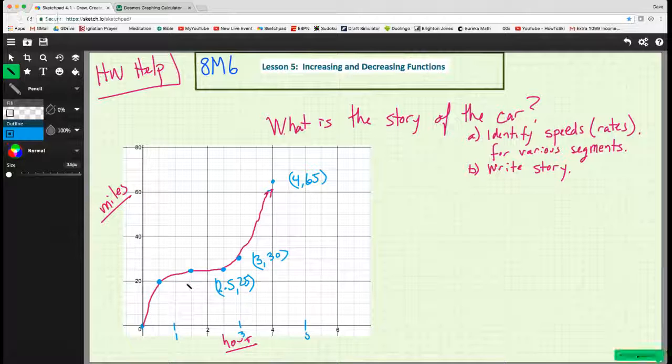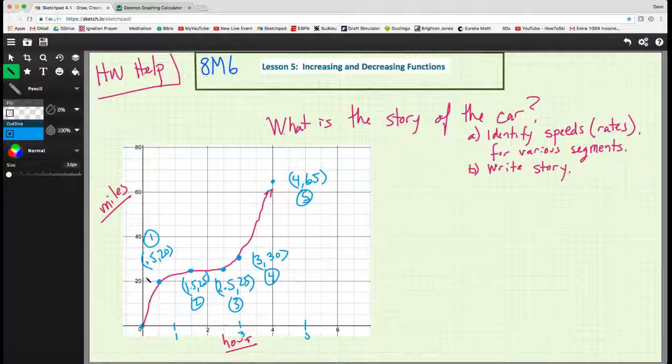This is 1.5, 25. And this is 0.5, 20. And so we're going to call this section 1, section 2, section 3, section 4, point 5. So we have 1, 2, 3, 4, 5 sections.